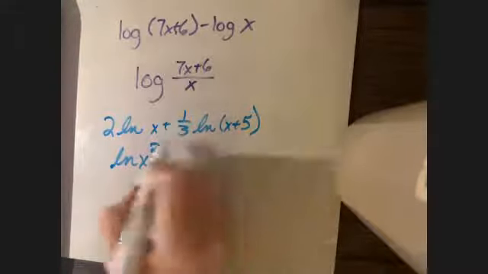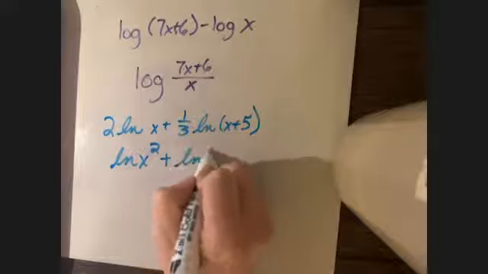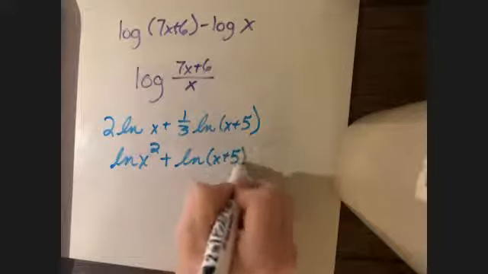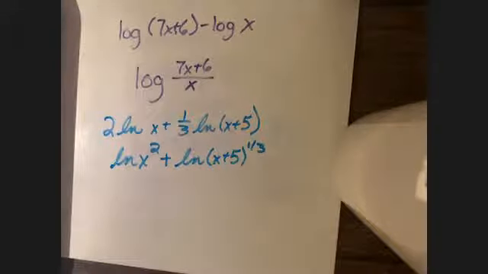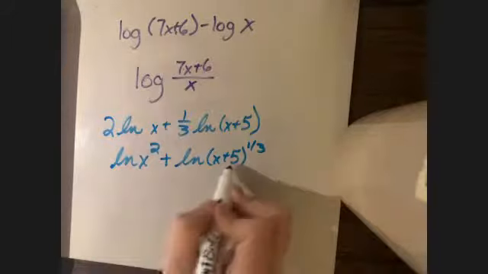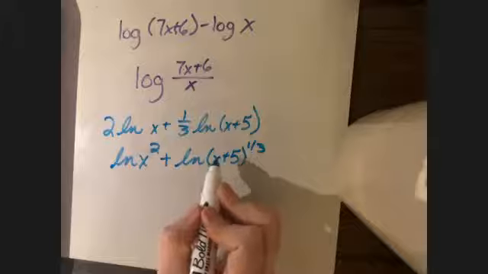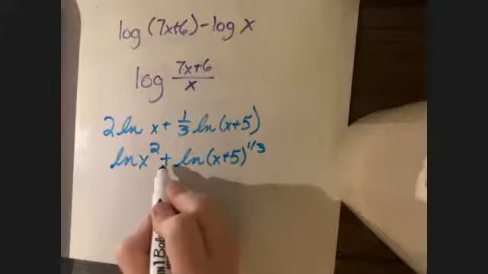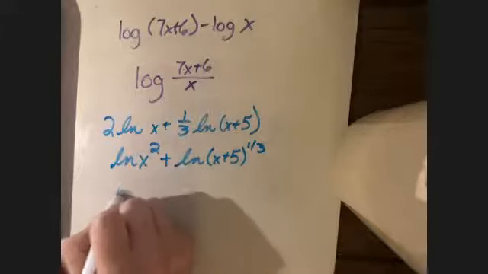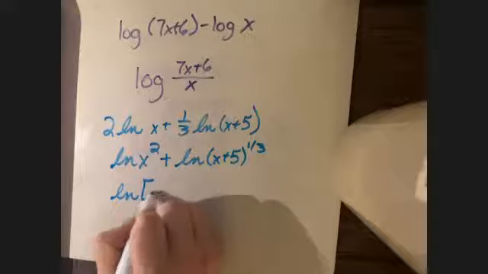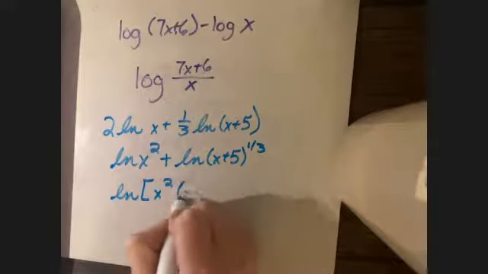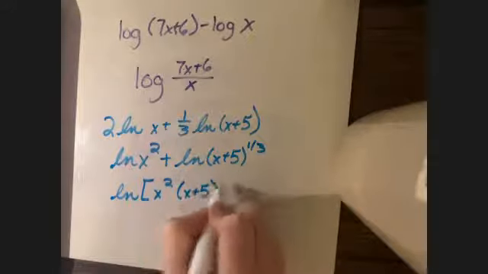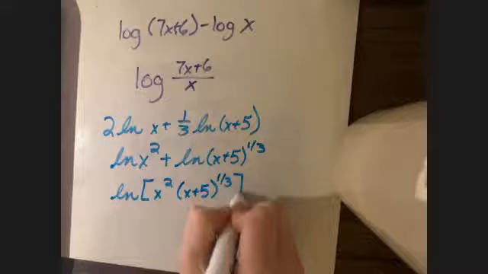And we're going to take the 1/3 and also send it back up. Okay. Now I have add. Again, this is inside, so this is not a product rule. So we're going to combine these two. So I have natural log of x squared and then x plus 5 to the 1/3.